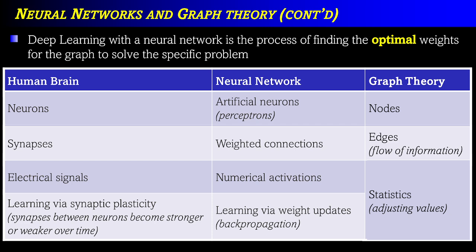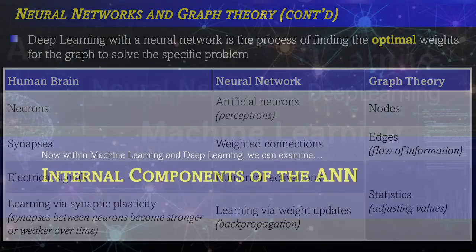Whereas in a neural network, learning takes place via updating of the weights. And as we'll see, that's a process we've already looked at called backpropagation. So really within the realm of graph theory, what we're talking about is statistical values. We're talking about a branch of mathematics called statistics, which adjusts the values within the neural network.